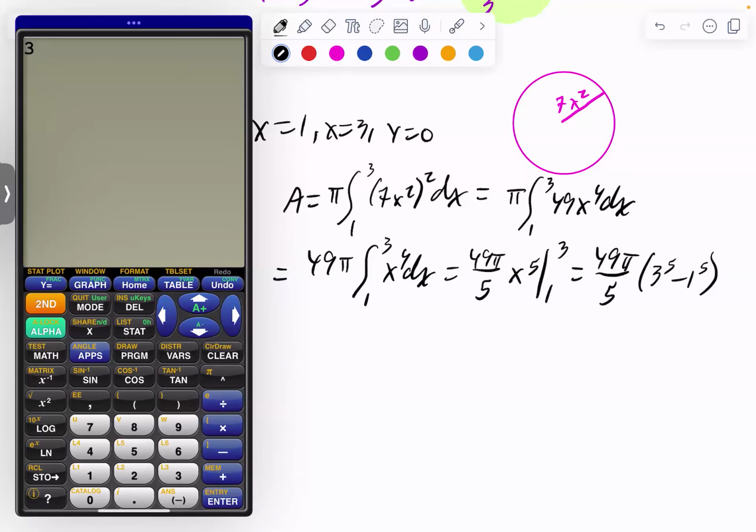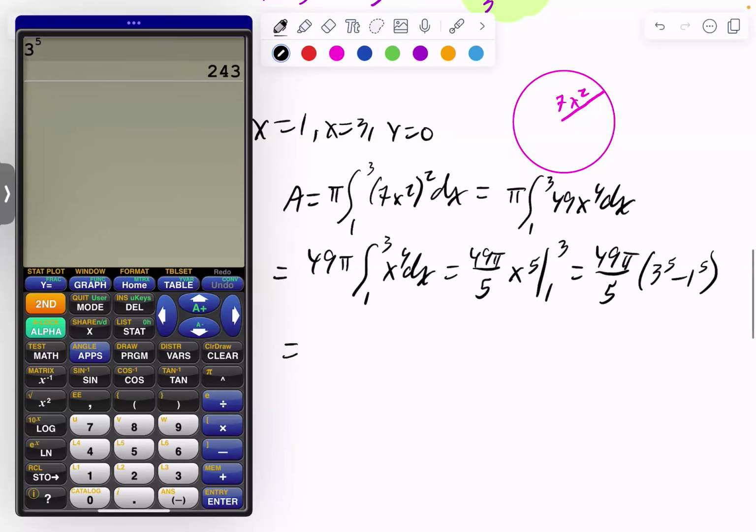So 3 raised to the 5th power. Okay. So we're going to get 49 pi over 5 of 243 minus 1. So 49 pi over 5 times 242.